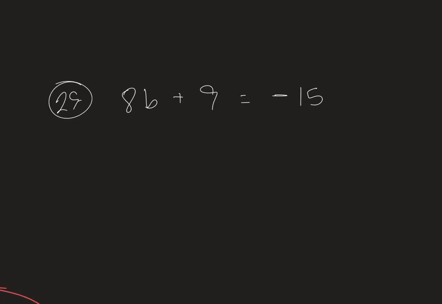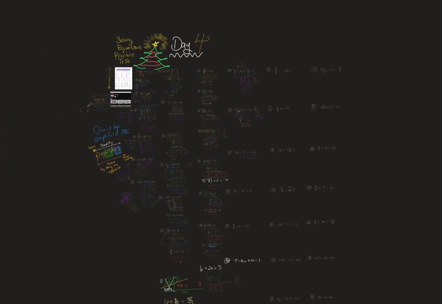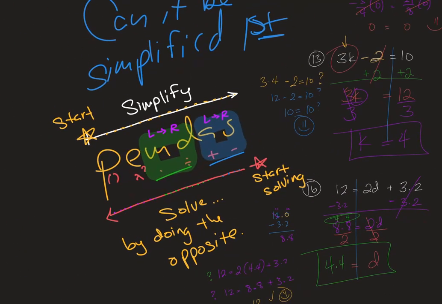And 29. Back to a more friendly looking one. I'm going to subtract 9. Why am I subtracting 9? Because it is adding to 8b. And I haven't mentioned it in this video yet, but back over here, we ask first, can we simplify? And then we go back to start solving.